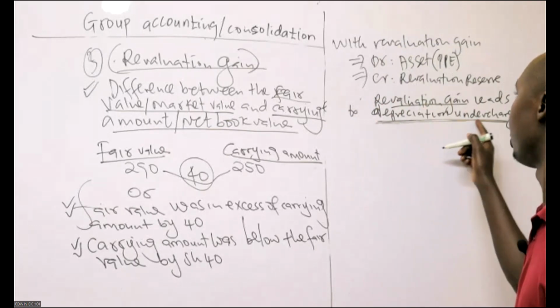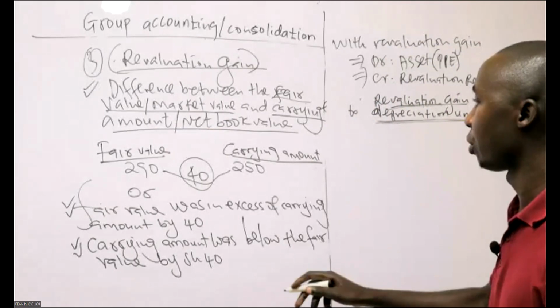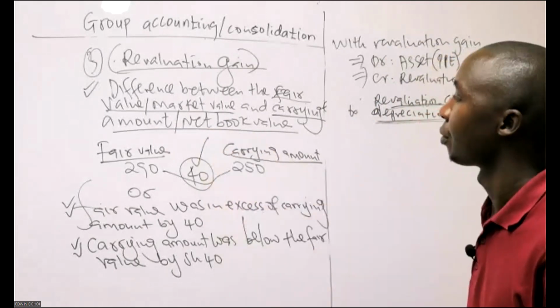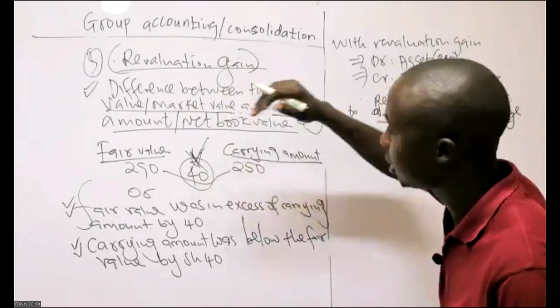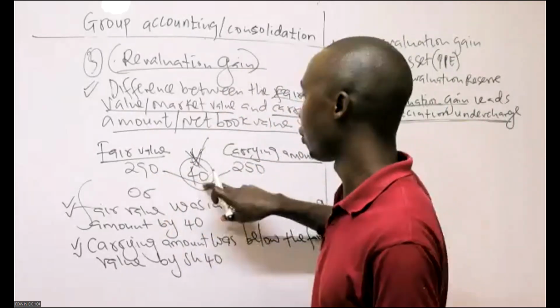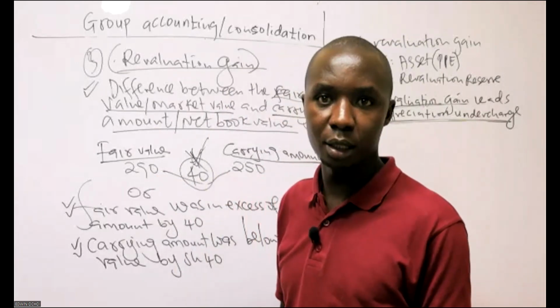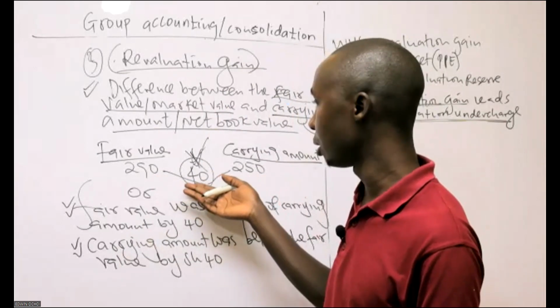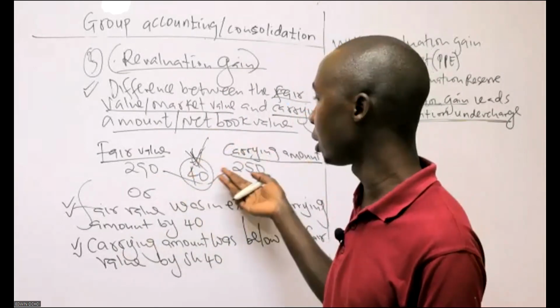Why am I saying this depreciation undercharge? Once you have a revaluation gain, like now the 40, remember that this 40 has not been subjected to depreciation. The asset has increased by 40 from 250 to 290. So the 40 has not been subjected to depreciation, meaning that in depreciating this asset, we did an undercharge because we based our depreciation on 250 instead of 290.